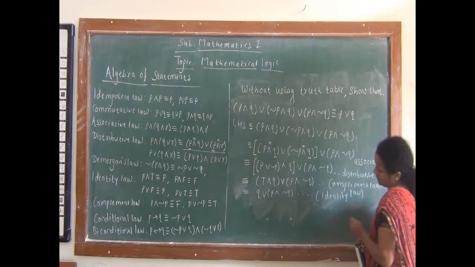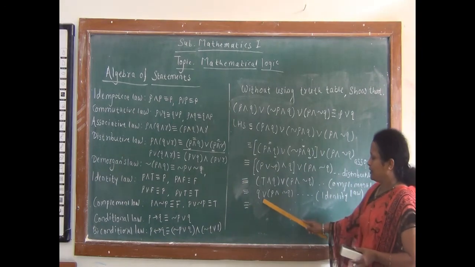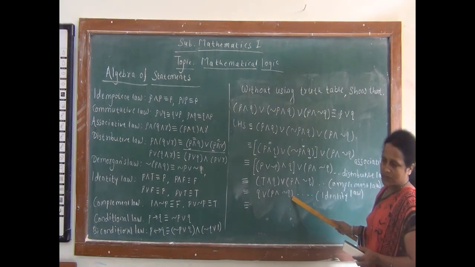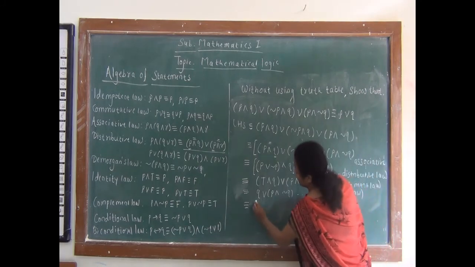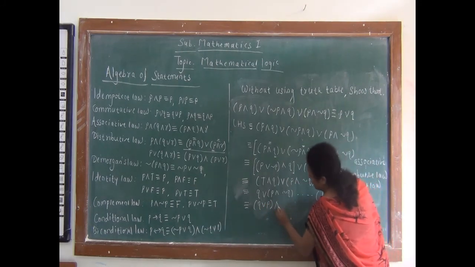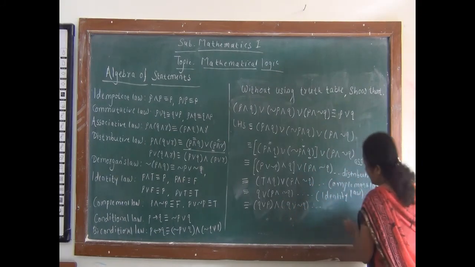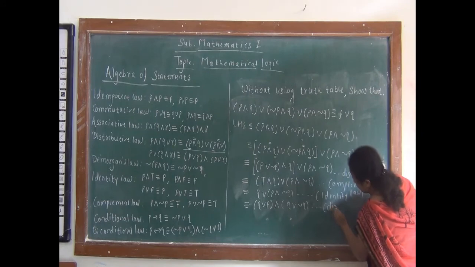And so, to find our LHS, again we have to distribute this or over this by using distributive law. So next step is Q or P and Q or negation Q. That is by distributive law.